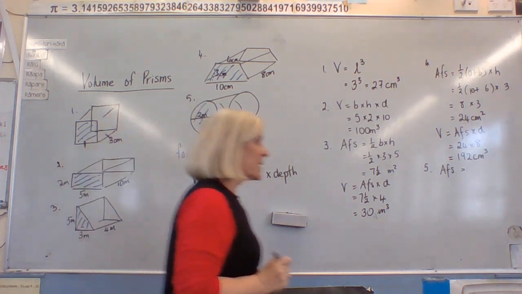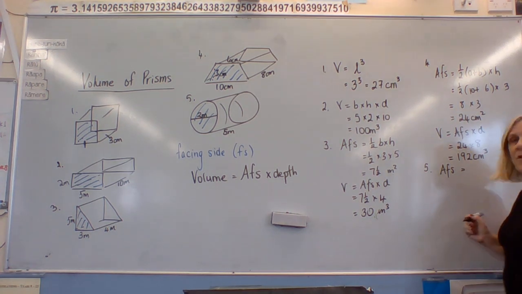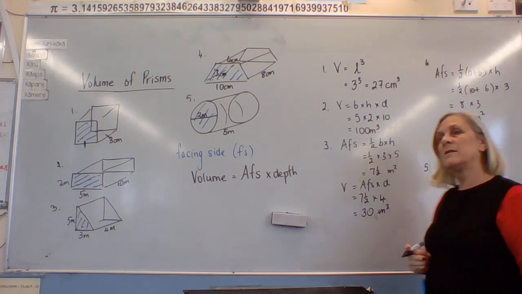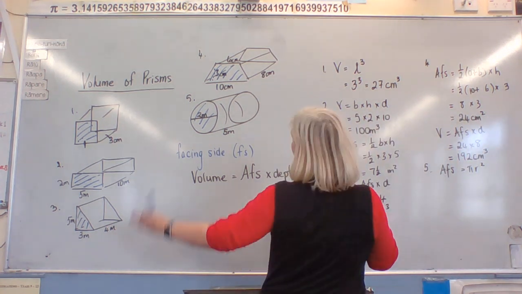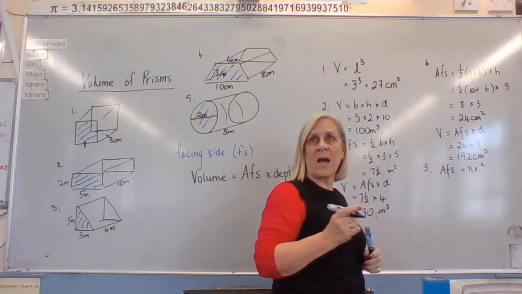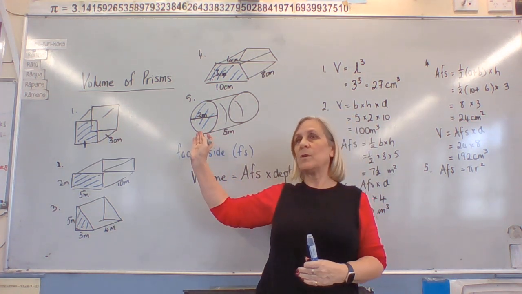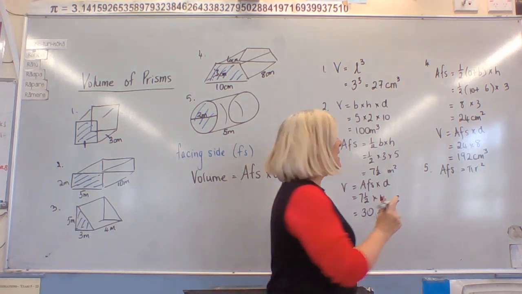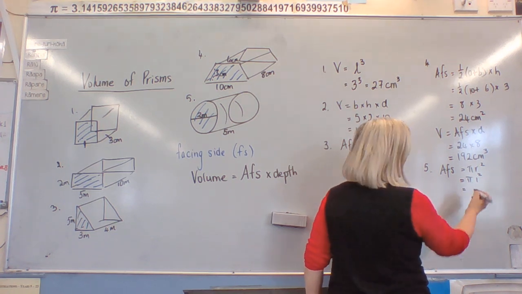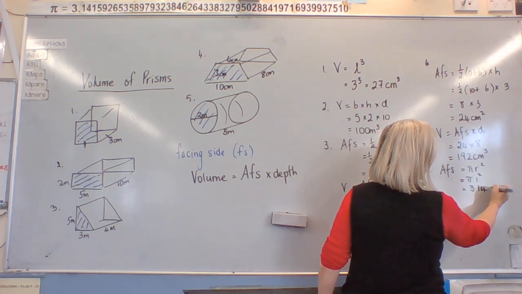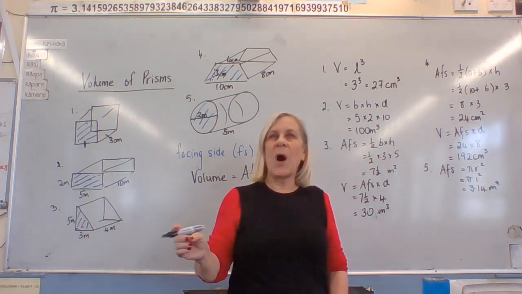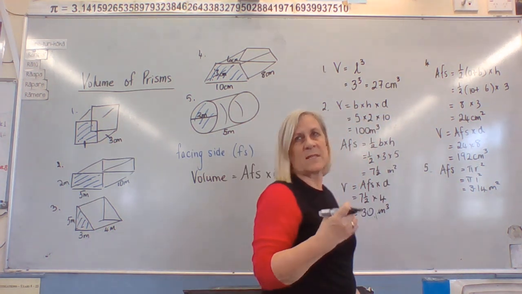Go with that. Right? So the area of a circle, we write down the formula first for the area of a circle is pi r squared. Okay? We've got r equals, what's r equal to? What's the radius of the circle? 1 metre. So we've got pi times 1 squared, which means pi, so 3.14 metres squared. So it's silly to write pi squared because that doesn't sound like a measurement.